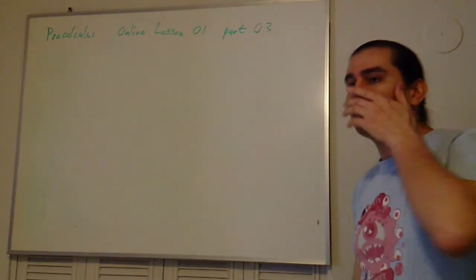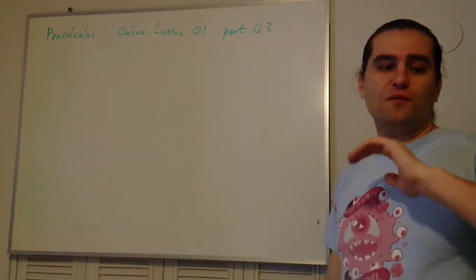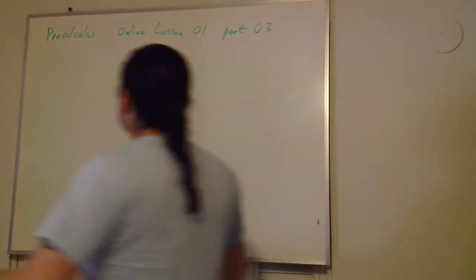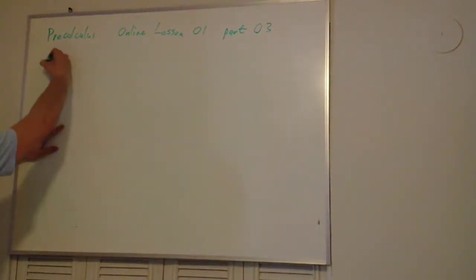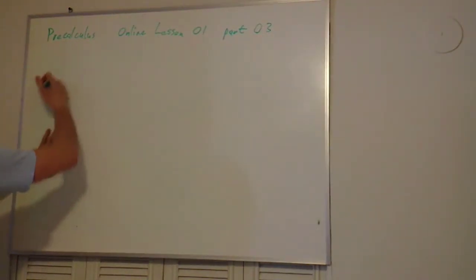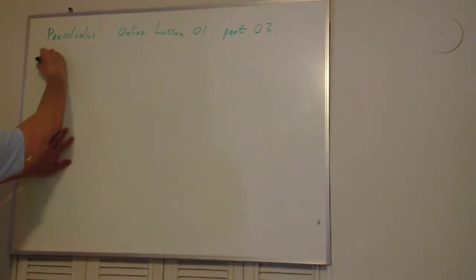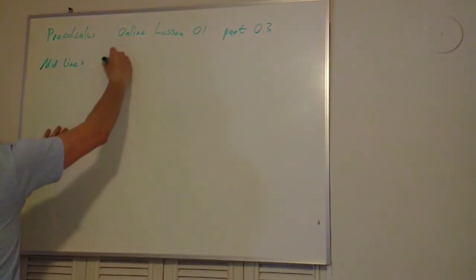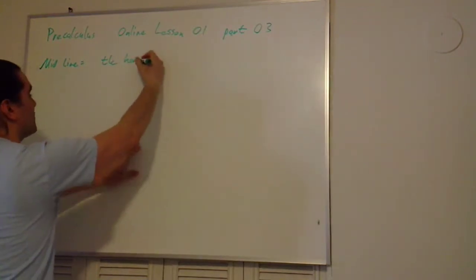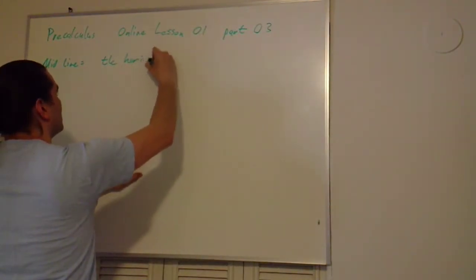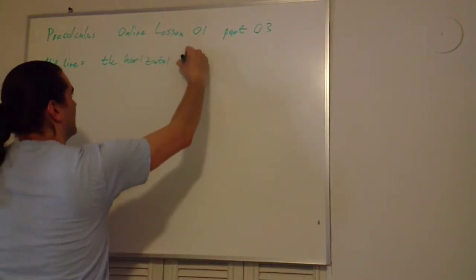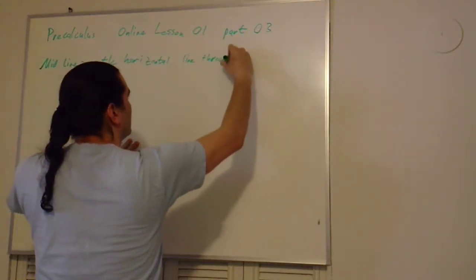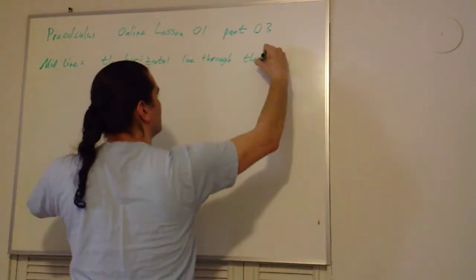3, here we go. I'm going to start with the thing that I definitely forgot to come back to in the last video. I promised to define amplitude. First I'm going to define midline. Midline is the horizontal line through the middle.